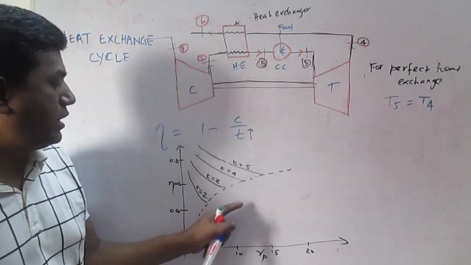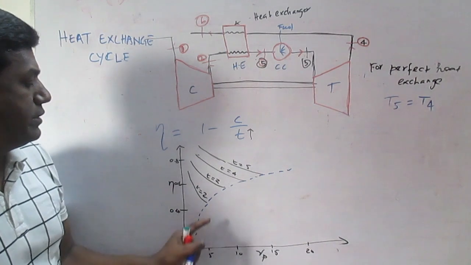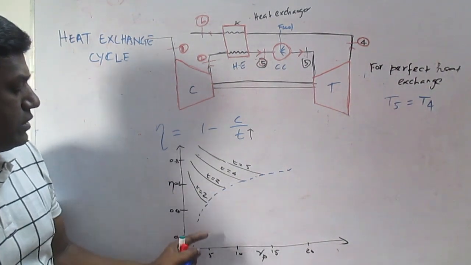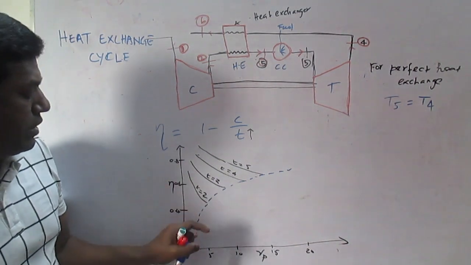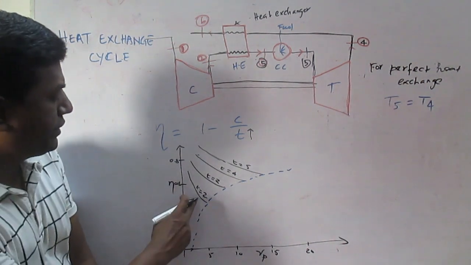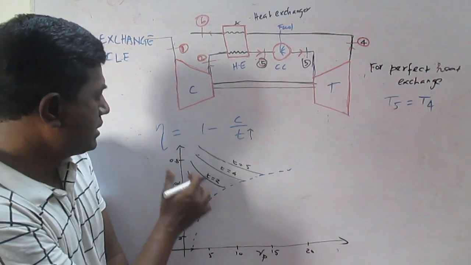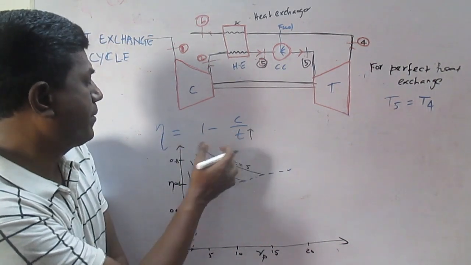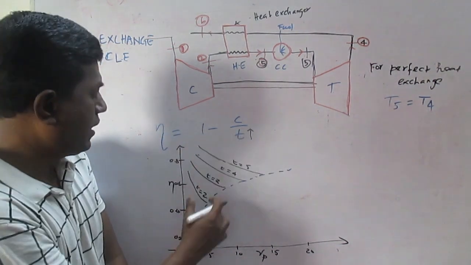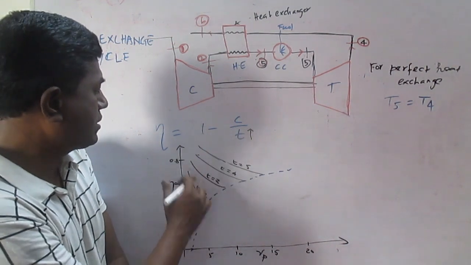Only the efficiency curve changes. We have seen the specific work output versus RP curve for the simple gas turbine cycle, and for the heat exchange cycle it is the same. So that is the major deviation we can point out. How the efficiency changes based on T, this curve we have obtained only for different values of C and T.